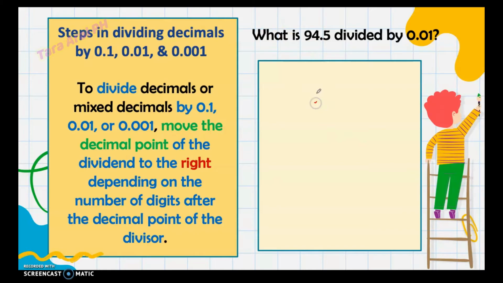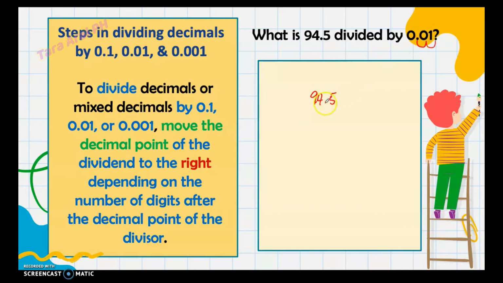So we have here 94.5. We don't need to manually divide it by 0.01 if this is our divisor. All we need is to move the decimal point of the dividend, just the 94.5, to the right depending on the number of places or digits after the decimal point. So we have 1, 2.